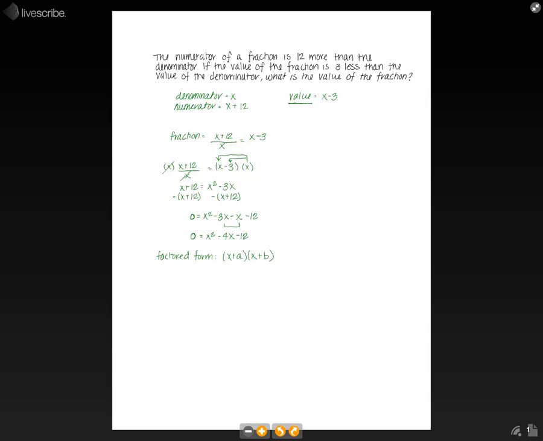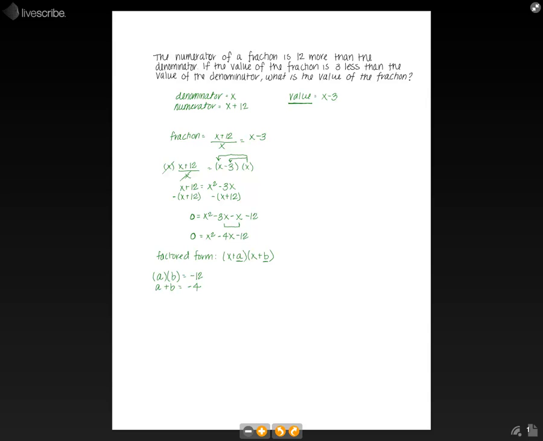So what we're trying to find is a and b. So we know that a times b has to be equal to negative 12. And we know that a plus b has to be equal to negative 4.